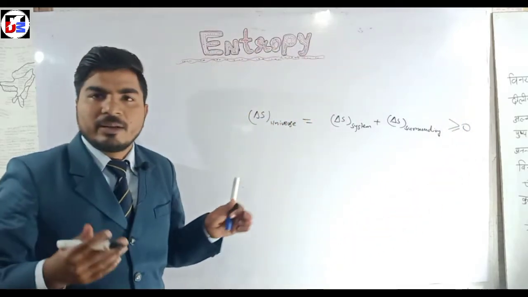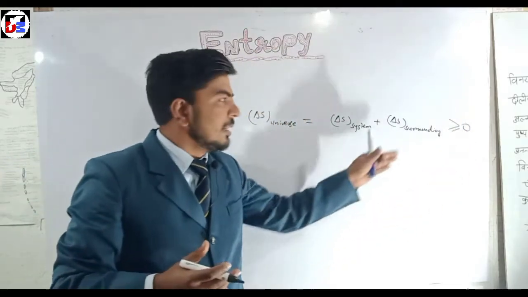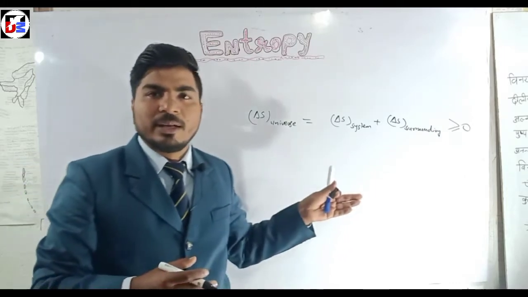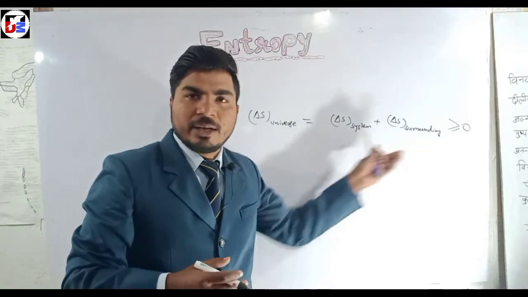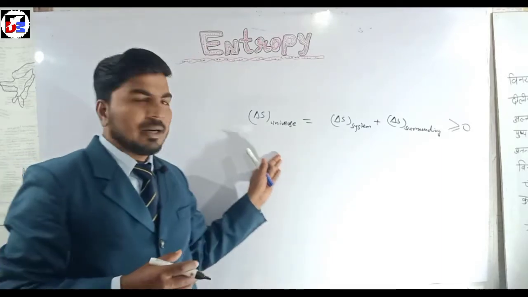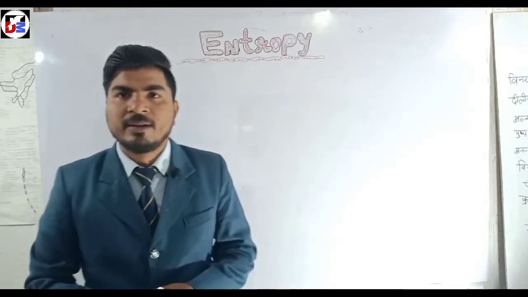If a process is reversible, it equals 0, and if a process is irreversible, it is always greater than 0. It means delta S universe always has a positive value.